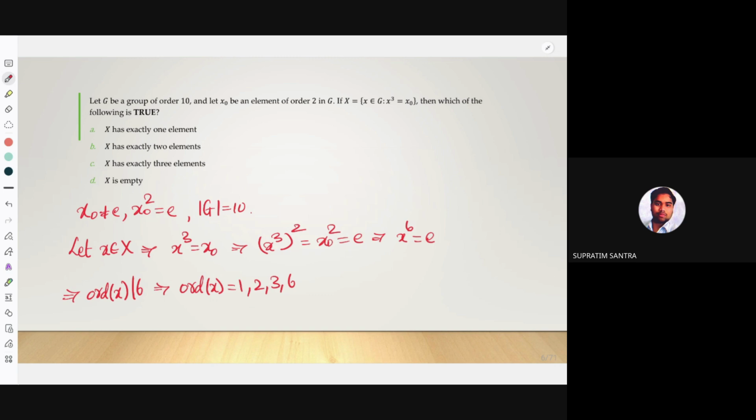Now also, the order of x must divide 10, which is the order of the group. This is due to Lagrange's theorem. So from these two, we get that the order of x is either 1 or 2, because 3 and 6 don't divide 10.